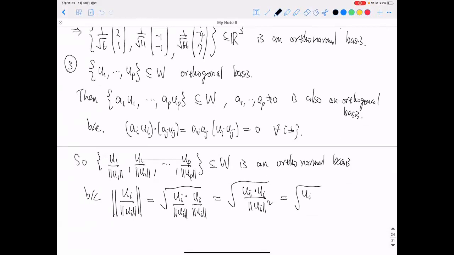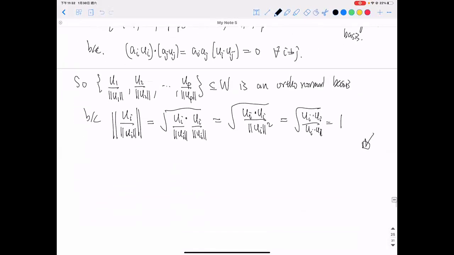So we really have u_i dot u_i divided by u_i dot u_i. So it's 1. Okay. Very good. So it's not hard, therefore, to go from an orthogonal basis to an orthonormal basis. All you have to do is compute the length of each basis vector and divide the basis vector by its length. Okay, so that's not hard.